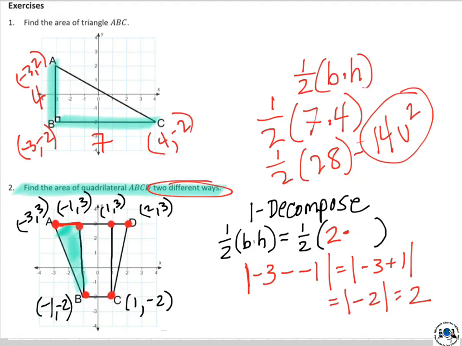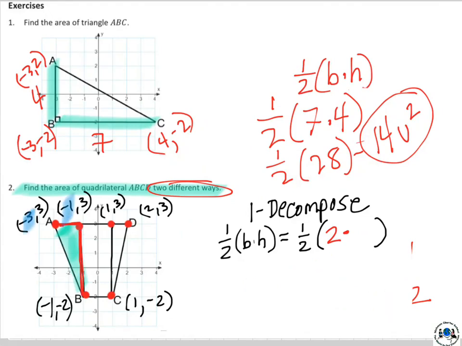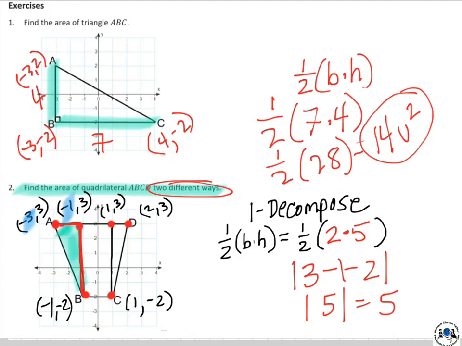That base starts at point A and goes over to the next point, and I figure that out by subtracting my x values, because x is my horizontal marker. Now I'll get my height using my 2 y values, and that's 3 and -2, and therefore I get 5.